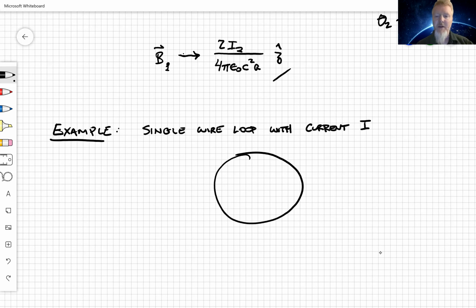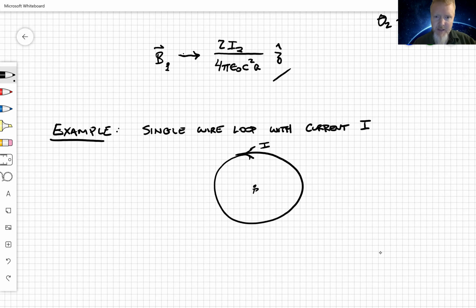Okay, so here's a single loop of wire, and it's carrying a current I in it, which I like counterclockwise, so it's going to be going that way, like so. And I would like to find the magnetic field right here at the very middle.